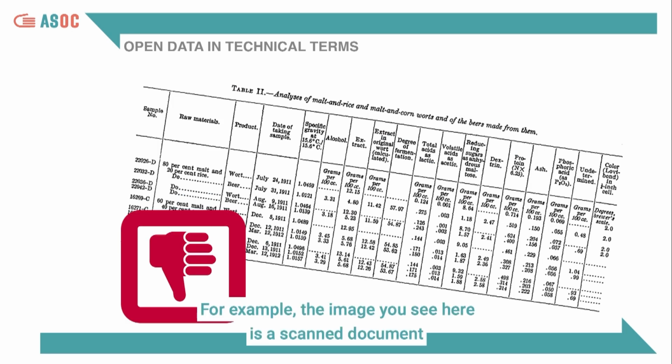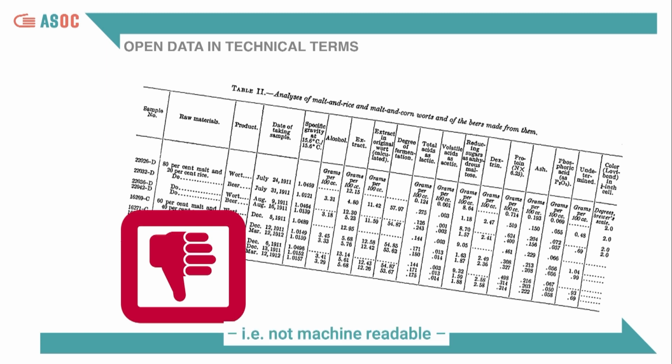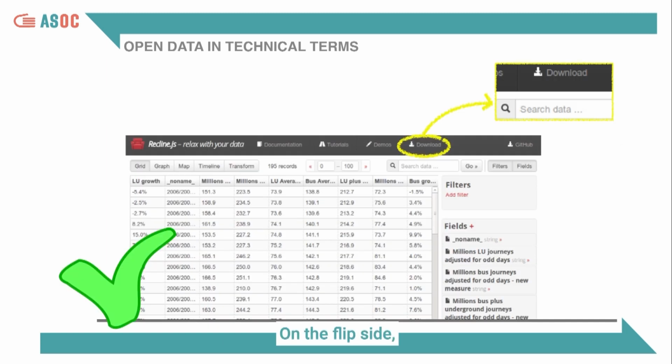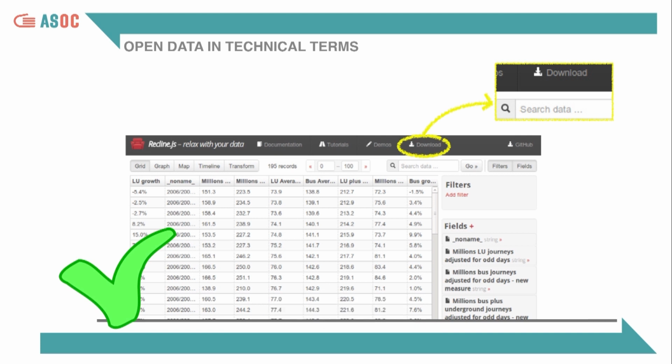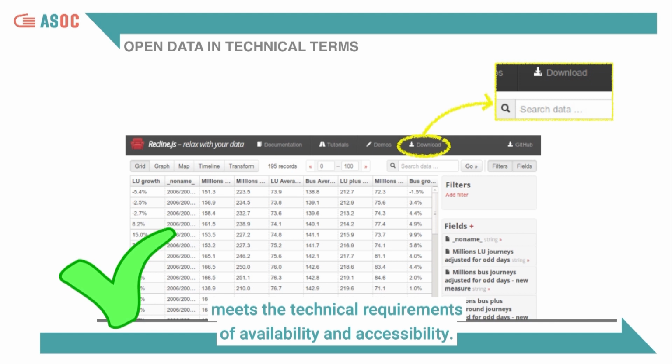For example, the image you see here is a scanned document, and it is not automatically recognizable by software, meaning it is not machine readable, and therefore it is not an open data source. On the flip side, this type of dataset downloaded in CSV format meets the technical requirements of availability and accessibility.